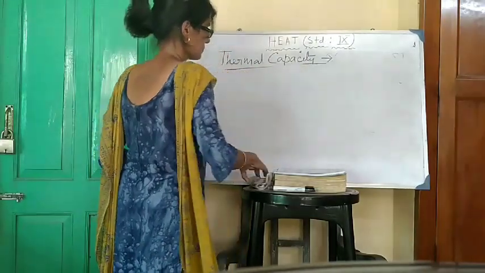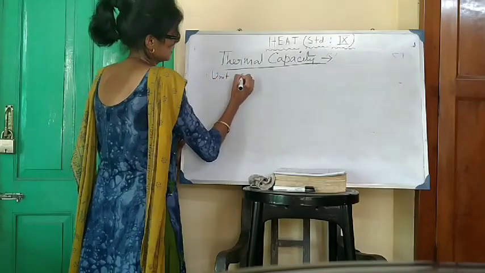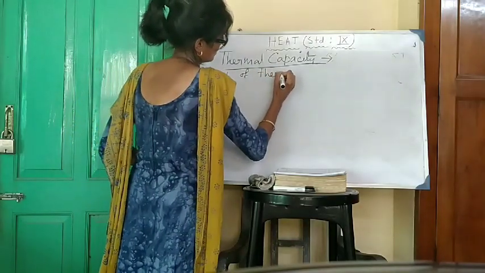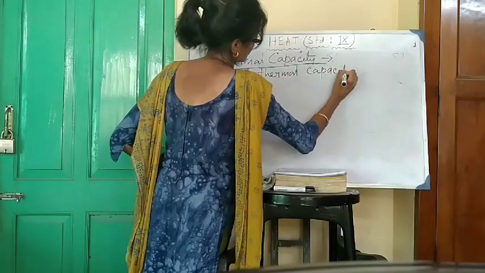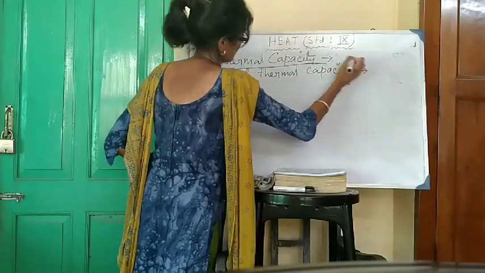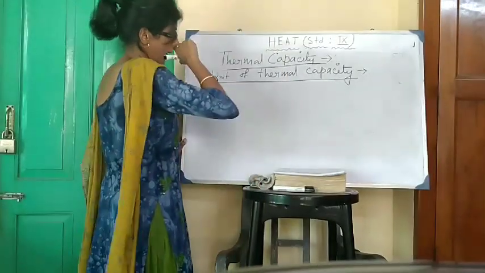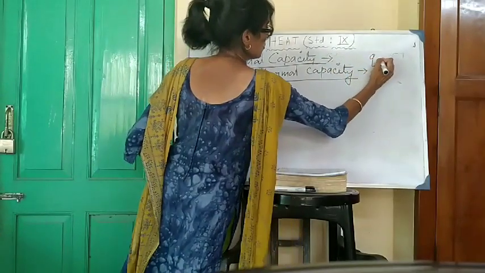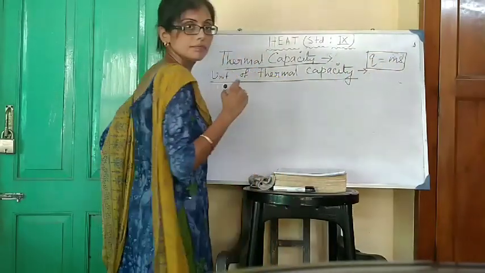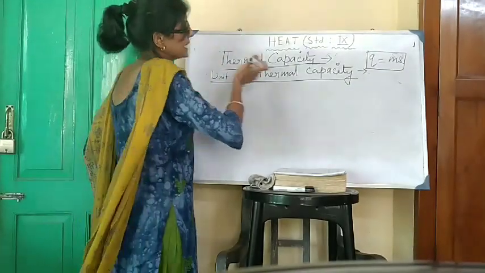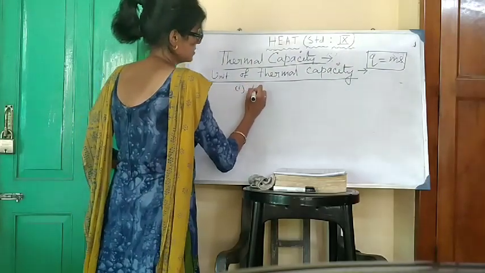The unit of thermal capacity. Okay. Formula: Q is equal to ms, where Q is thermal capacity. On the right hand side, mass and specific heat, number 1 in CGS system.